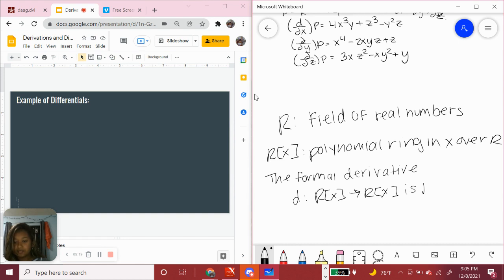And this is an example of an R derivation. So the module of Kähler differentials is just the polynomial ring itself, R of X. Okay. That's just a simple example of differentials.